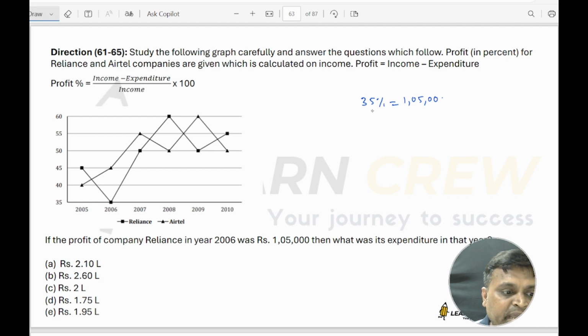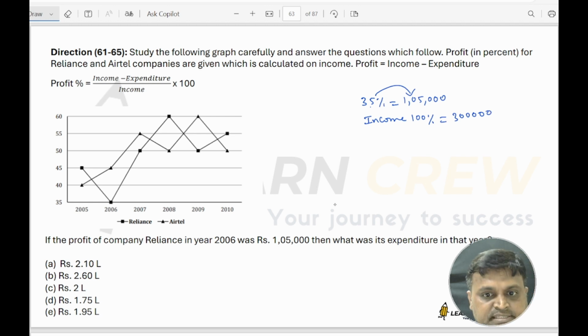Thereby the income, 100 percentage: 35 threes are 105, 100 threes are 300. So it is 3,00,000.